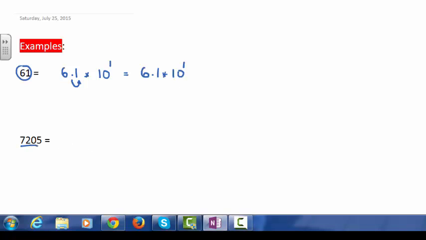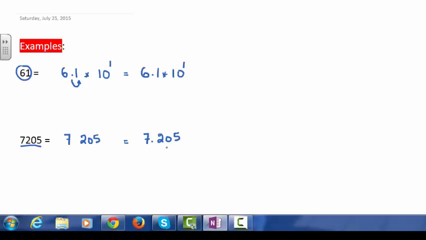Now let's go to this number. It's 4 digits, 7,205. It's better to write it as 7, leave some space, 205. It's better to understand it this way. Now the first thing I want is to transfer it to a number that is between 1 and 10. So 7.205. I cannot neglect these numbers.